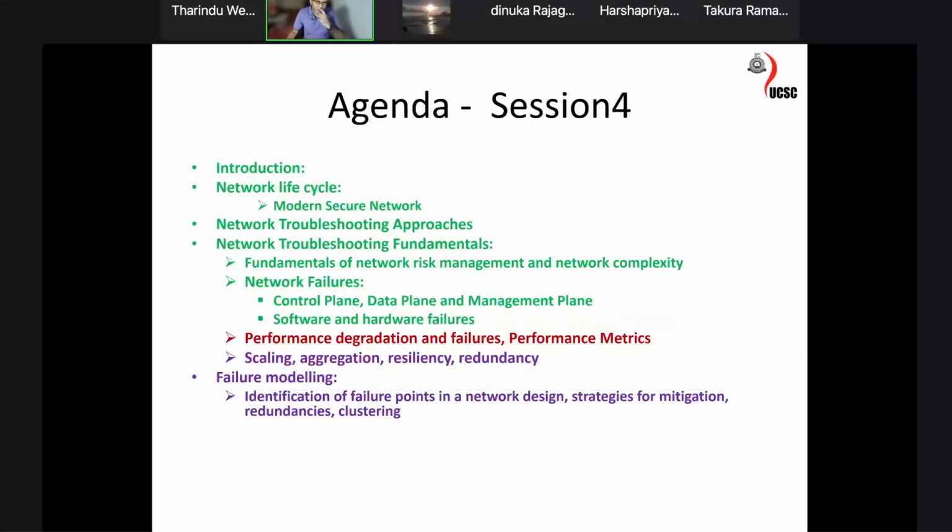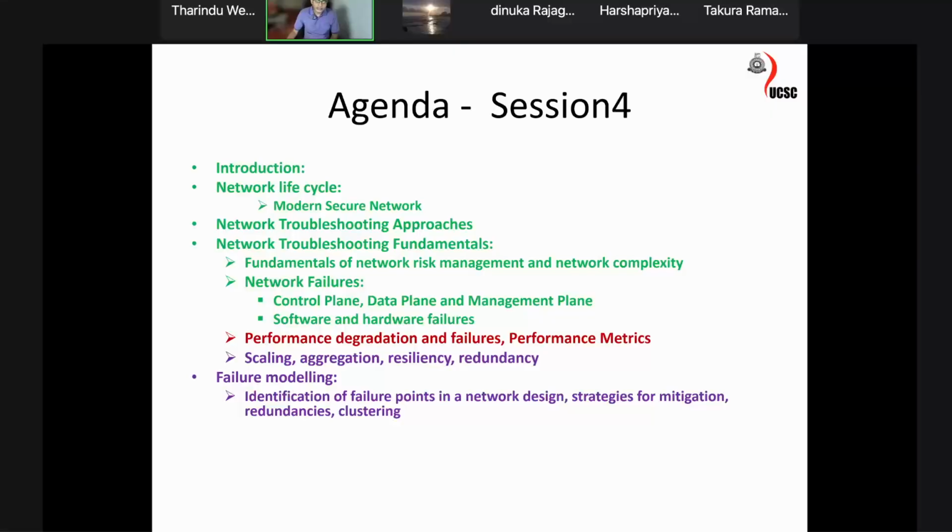All right, so far we have been covering the introduction and network life cycle, which was the first session. Then we discussed the 6 network troubleshooting approaches. Then network troubleshooting fundamentals started with risk management and network complexity.